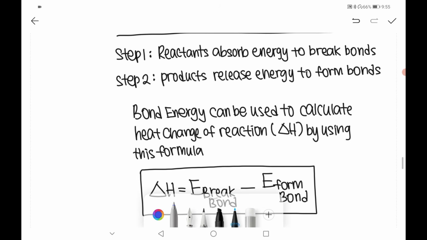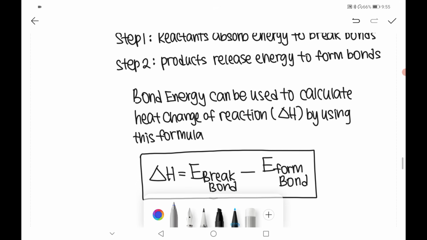In the exam, sometimes they will give you bond energy. The bond energy you can use to calculate the heat change of the reaction. Sometimes they will ask you to calculate the delta H by using bond energy.